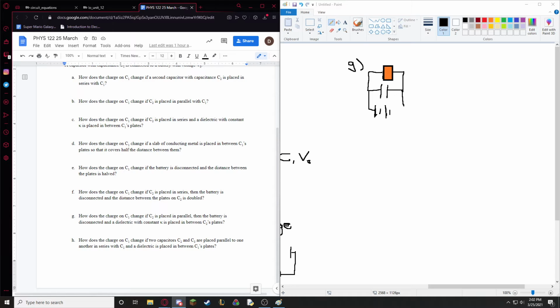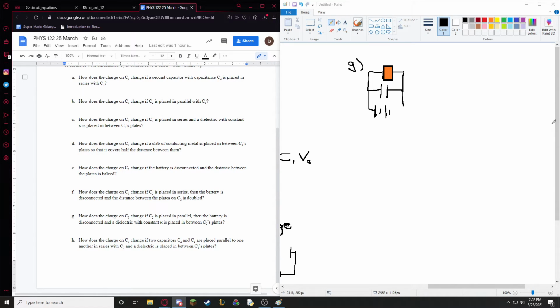So let's break this down step by step. How is the charge going to change for the first step when we connect C2 in parallel? Does anyone remember how it works? It won't change, exactly.